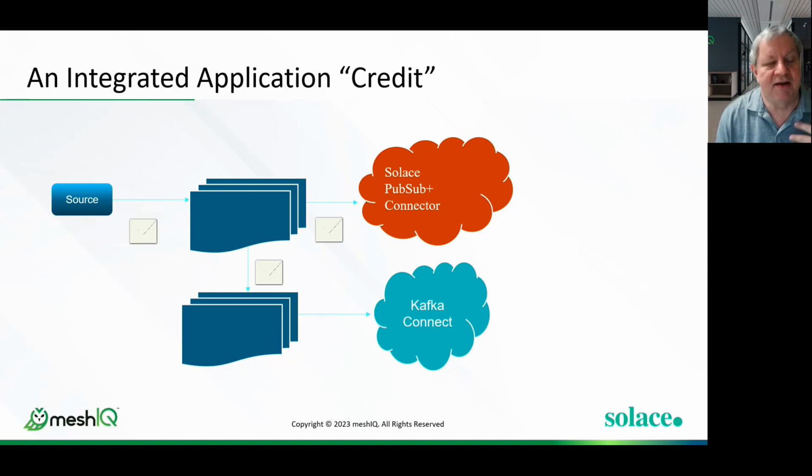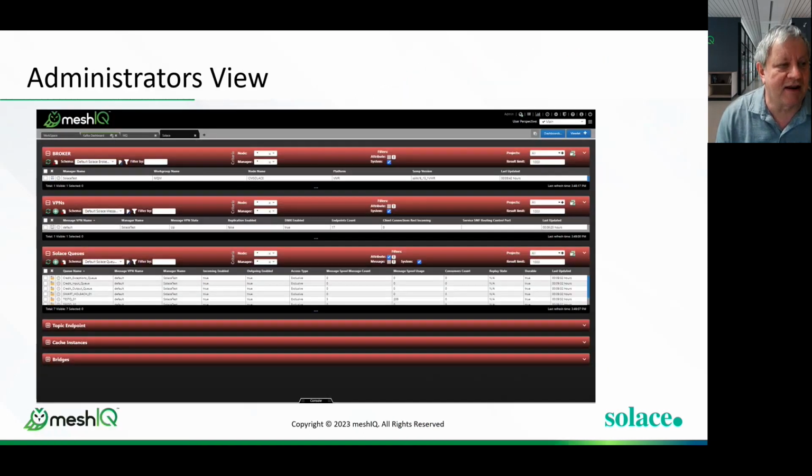Well, if I'm an administrator and I need to look at that environment, then I need that view across the environment. So here I'm looking at my Solace environment. I happen to be an administrator dealing with Solace right now.